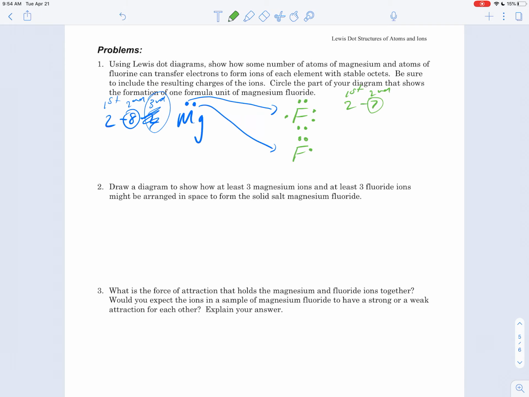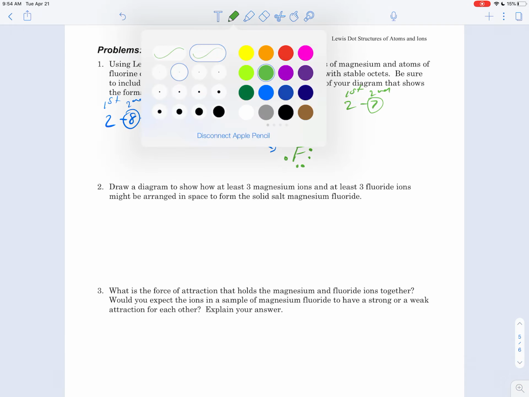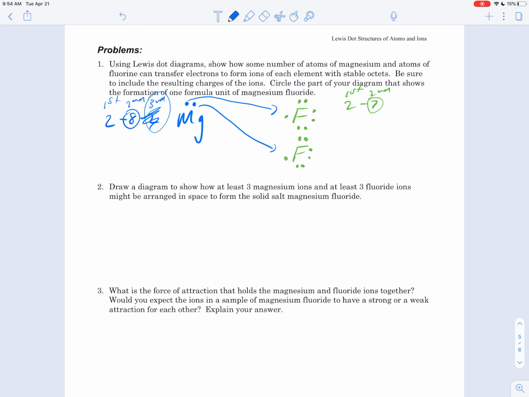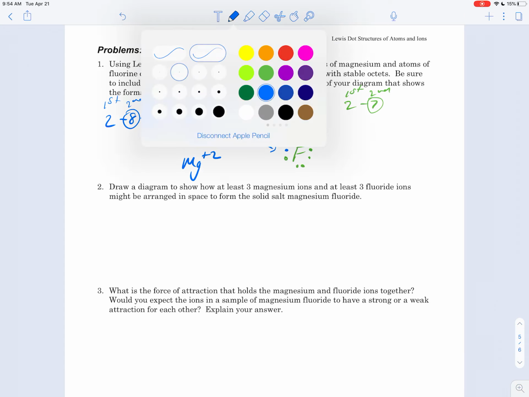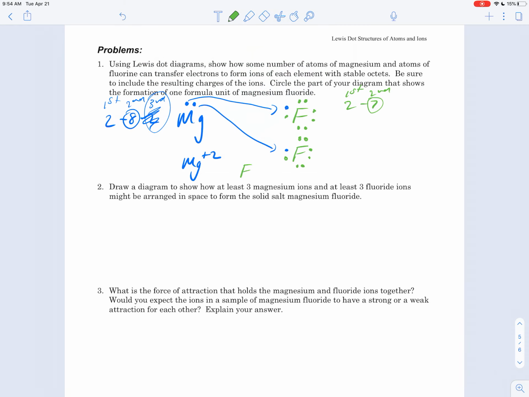Because magnesium's got 2 electrons to lose, and fluorine only needs 1, the electrons are going to land up here and here. So in the end, magnesium's going to have a charge of +2, and fluorine is going to have a charge of -1, okay?